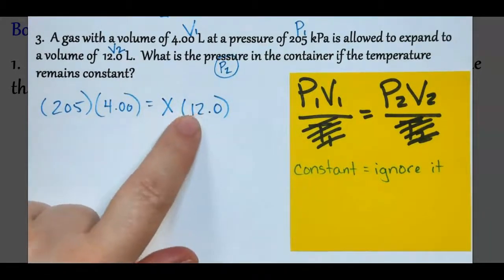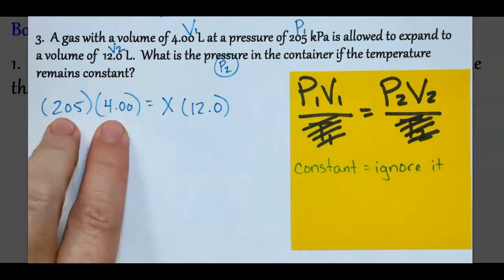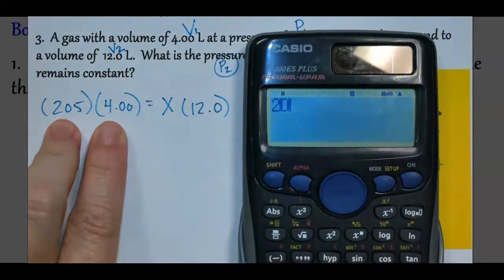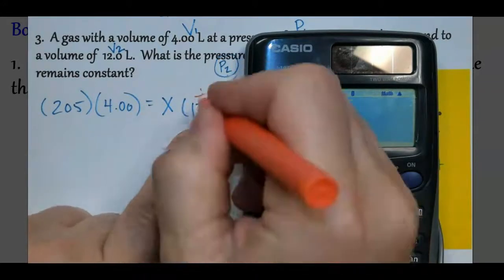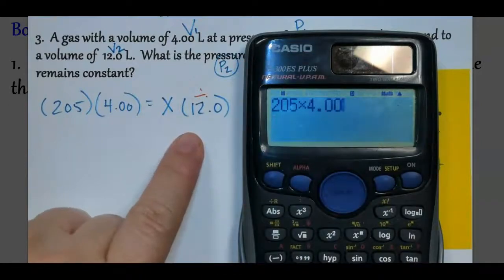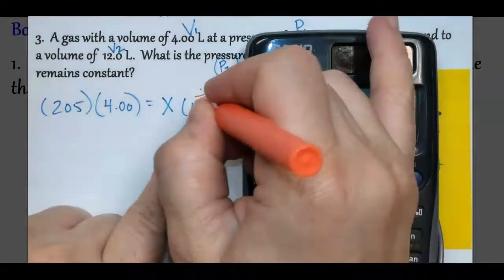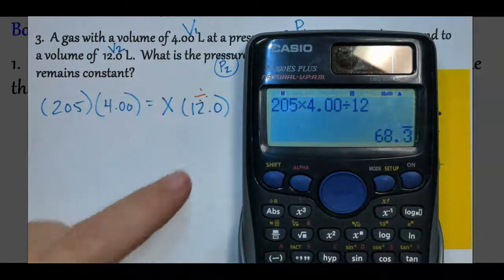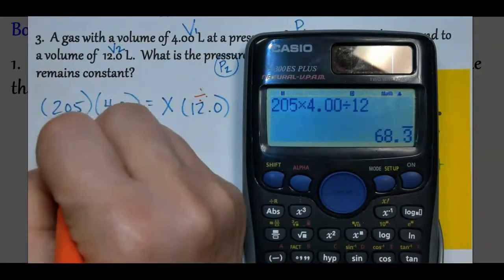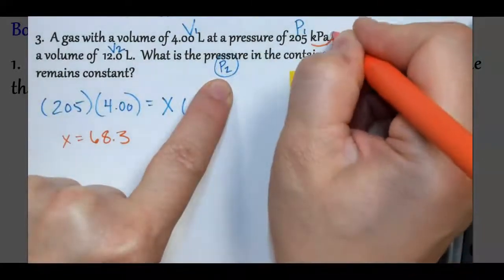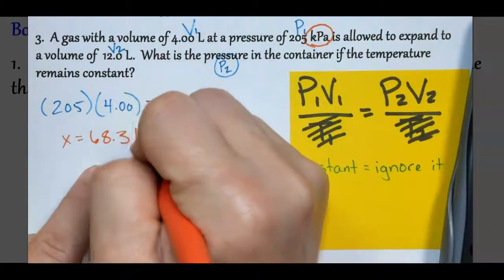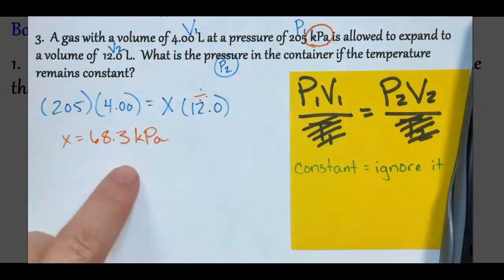Don't start multiplying on the side with the X. We'll multiply on this side first. So it'll be 205 times 4.00. And then anything on the side associated with the X, we're going to divide by it. So divided by 12, and that's going to give us X equals 68.3. And then notice that we are solving for P2, so whatever the unit is for P1, that's the unit on my answer, which is kilopascals.